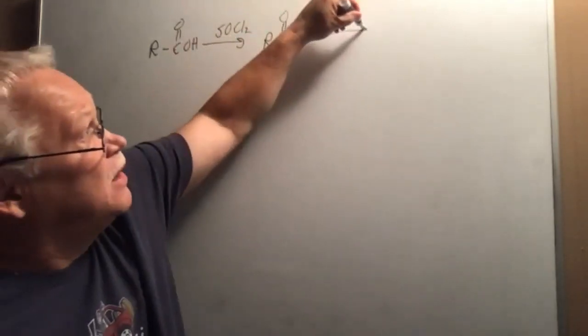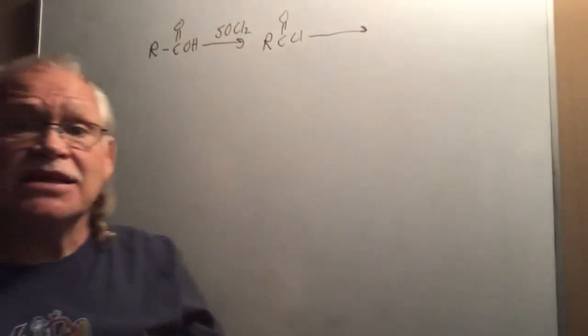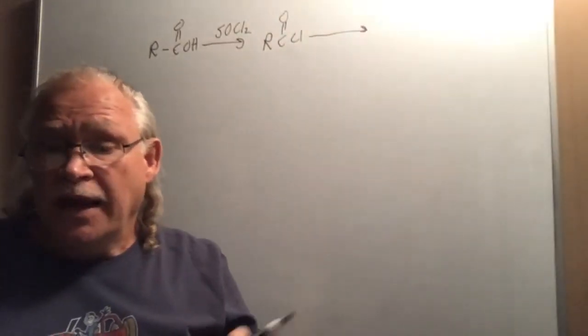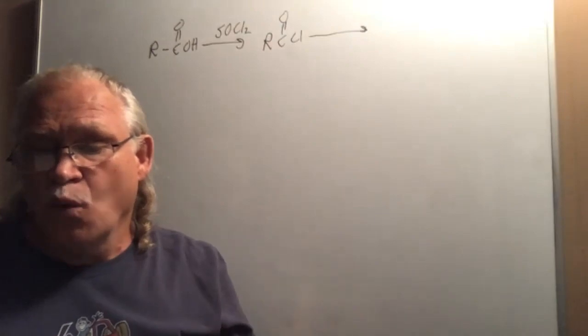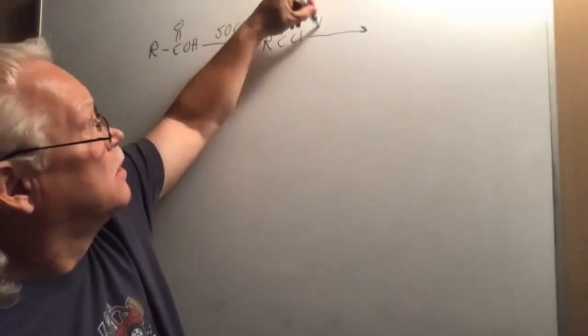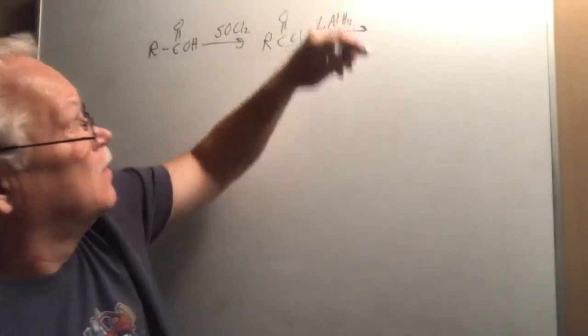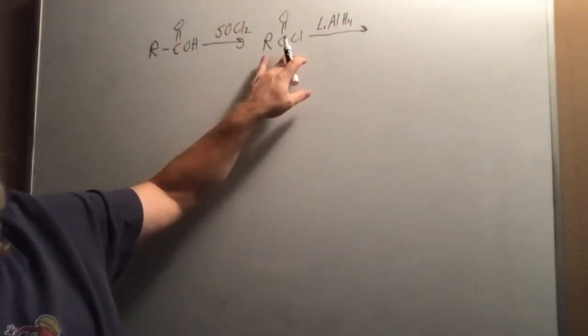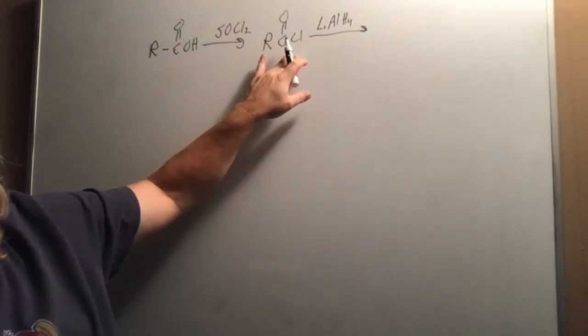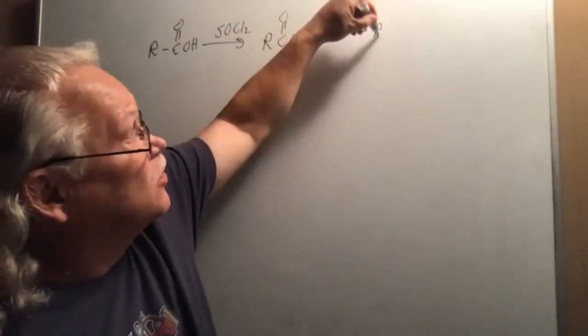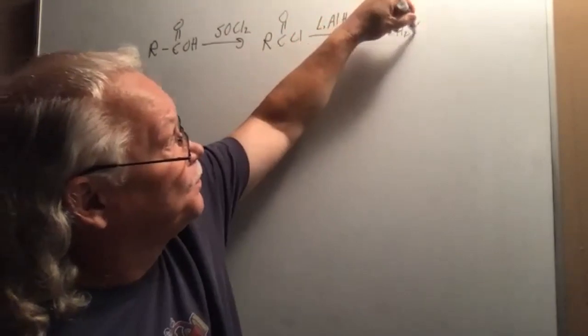But one of the nice things about an acid chloride is we can treat it with lithium aluminum hydride. And it takes the acid chloride and turns it into an alcohol.